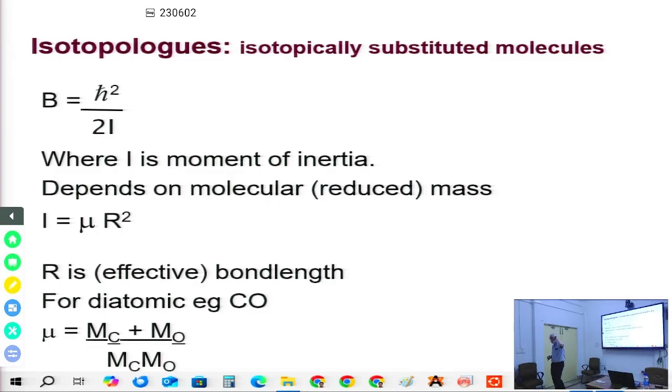It's important. So isotopologues. This depends on the moment of inertia. R is the effective bond length. If one assumes, which is true within what's called the Born-Oppenheimer approximation, that the effective bond length of all variations of CO is the same, the only difference in this rotational constant comes from using this reduced mass formula.